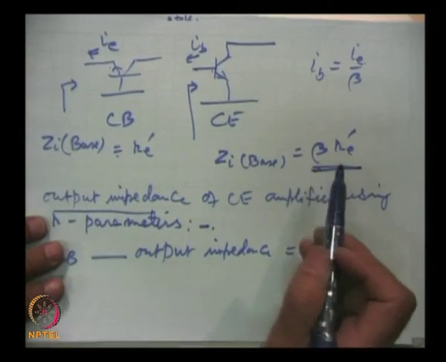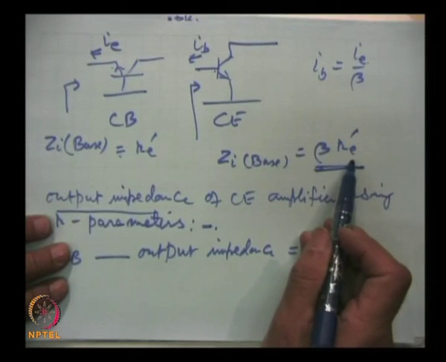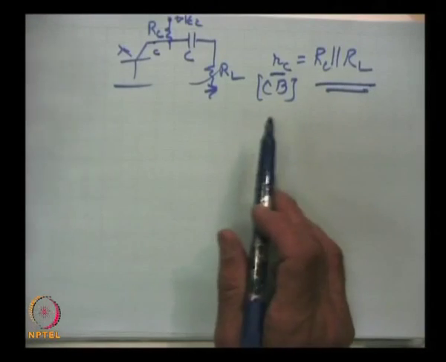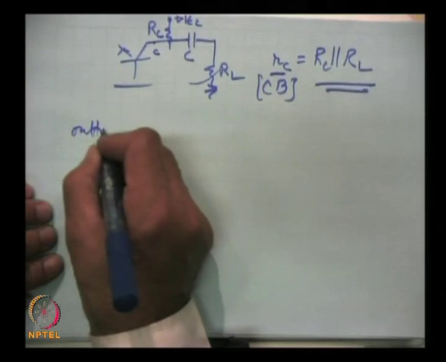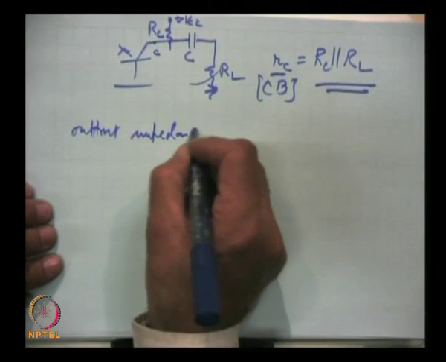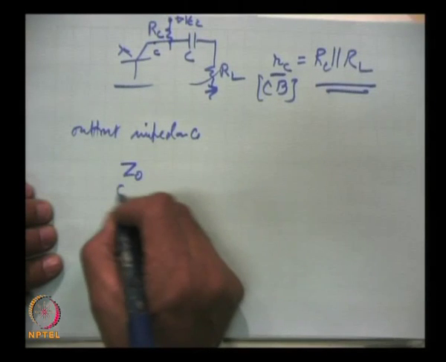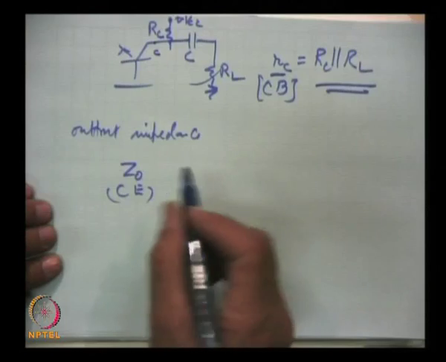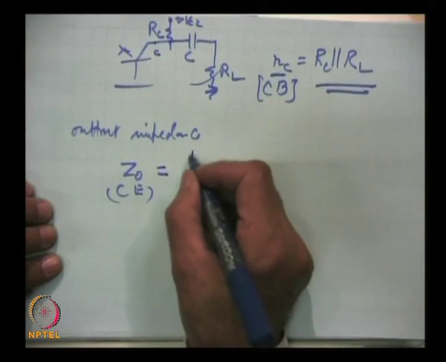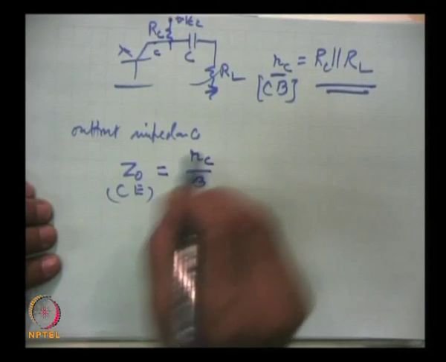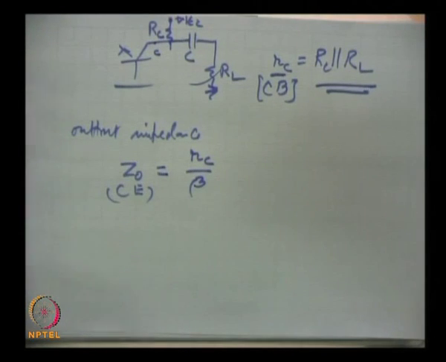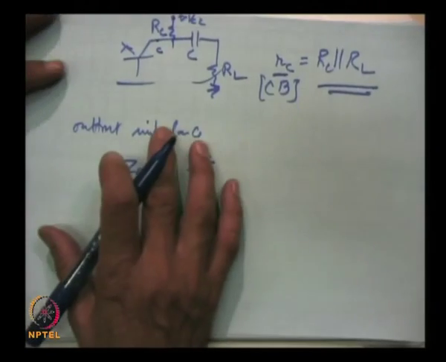Now, as the input impedance is beta times re prime, the output impedance Z0 in CE amplifier is divided by beta, this becomes RC by beta. Should I repeat? I think I should, because we can analyze it, but the analysis runs into complicated stuff, and we can use a simpler approach.